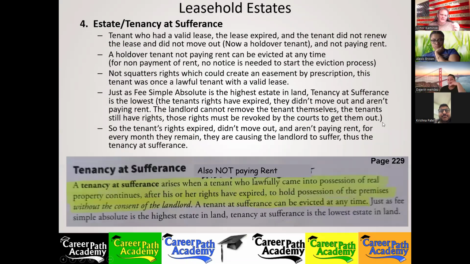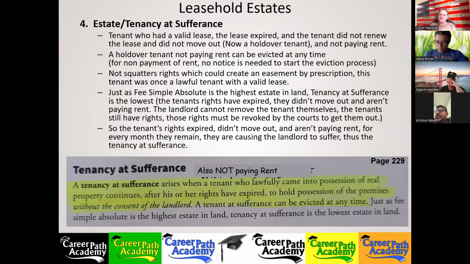And an estate or tenancy at sufferance is when a tenant who once had a valid lease, the lease had expired. The tenant didn't sign a new lease. They didn't renew the lease and they didn't move out. They're now considered a holdover tenant. And most importantly, they're not paying rent.